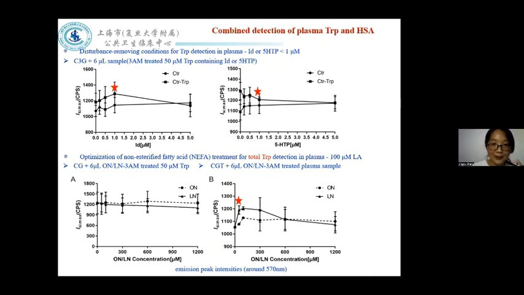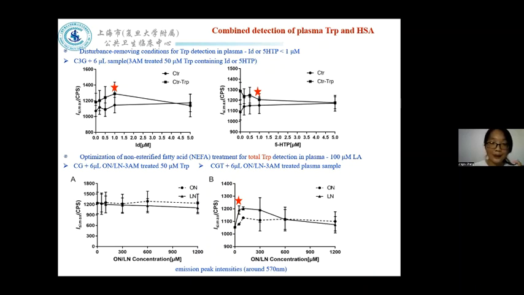And we found that 100 micromole sodium laurate performed better, and this was used for further experiments to obtain the disturbance removing conditions for tryptophan detection.